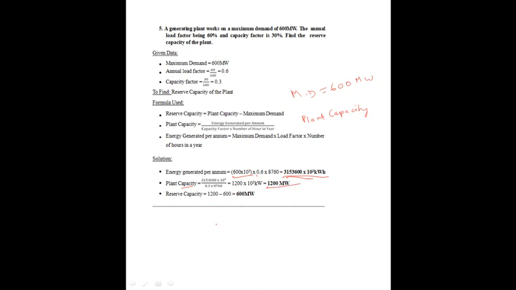So reserve capacity is equal to plant capacity minus maximum demand.